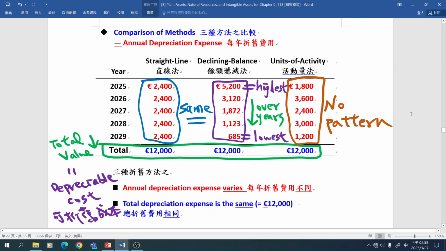Okay, any questions? So that's what we want. We want to get a number for each year. Then how to get a number for each year depends on how you use the PPE. Okay, any questions? No problem?